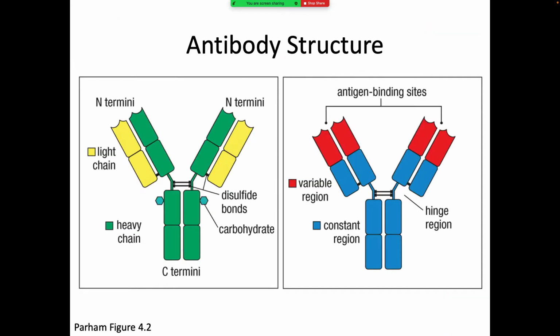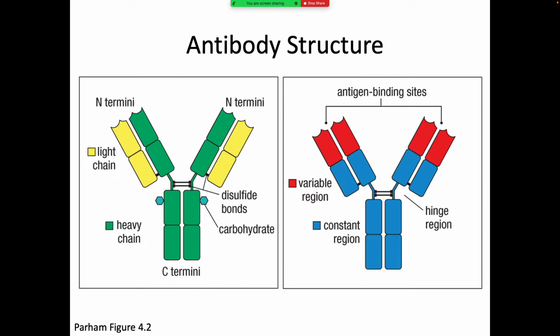So we left off last time thinking about aspects of antibody structure. I told you about the light chains and the heavy chains, each of which are identical on an individual antibody. We've got the two disulfide bonds holding together the two heavy chains, an additional disulfide bond holding each light chain to a heavy chain.